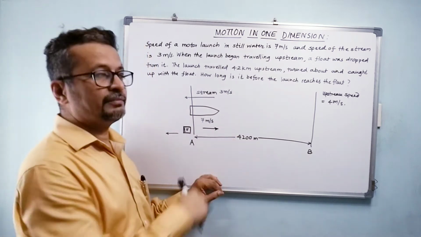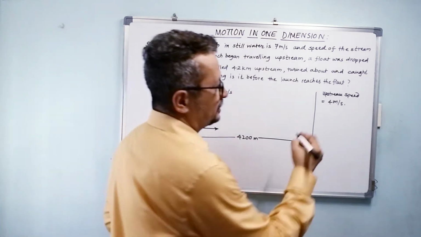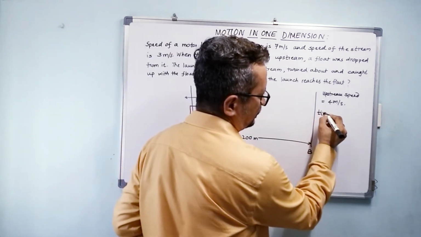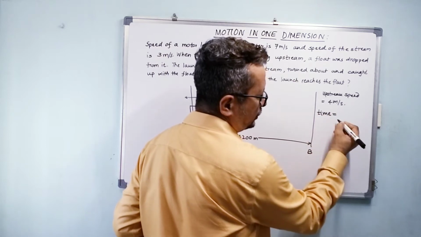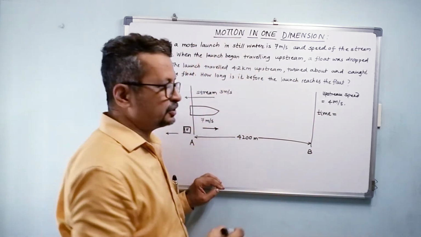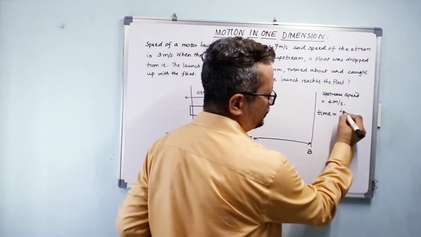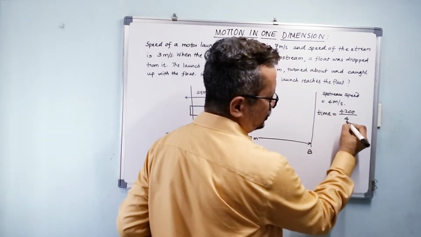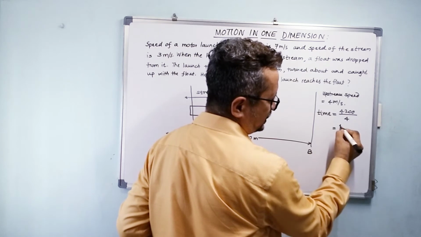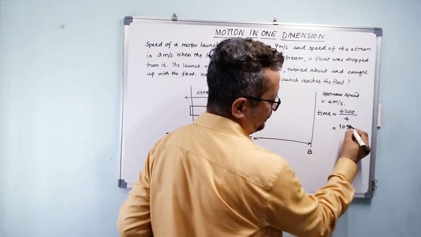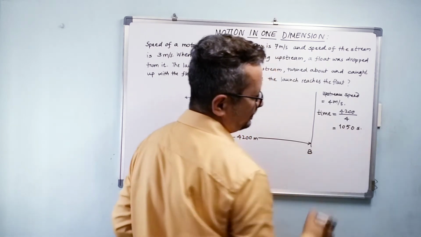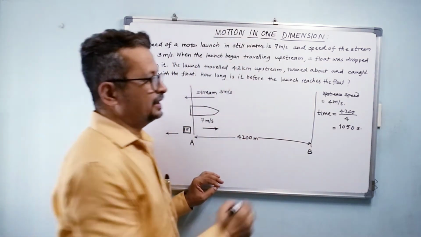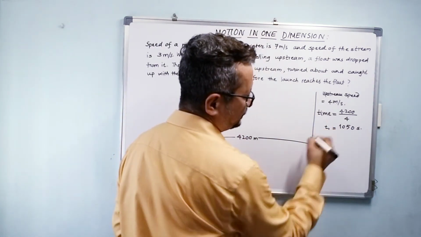Then how much time would it require? Time would be equal to distance upon speed. So distance is 4200 upon speed, speed is 4. So how much is that? 1050 second. This is my time, let us say T1.